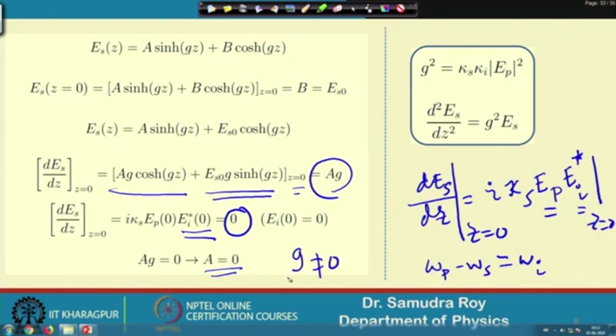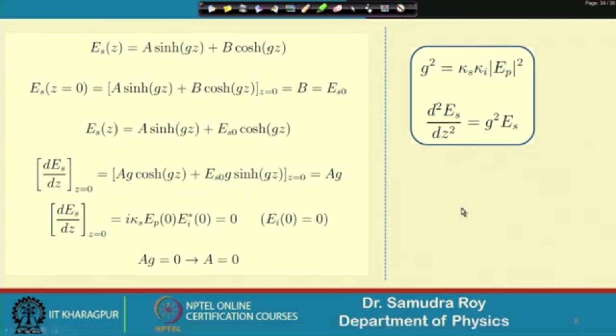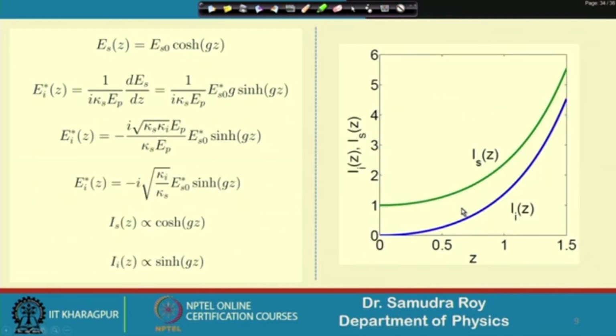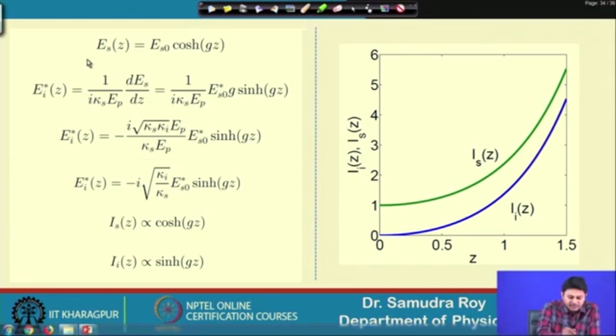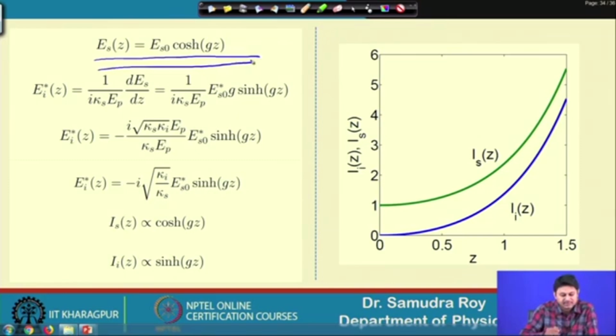So eventually we find that E_S is equal to E_S0 cosh(gz), because this quantity is not there, applying all these boundary conditions. So, as I mentioned, E_S is E_S0 cosh of gz.